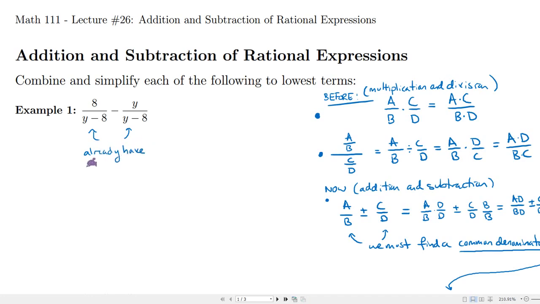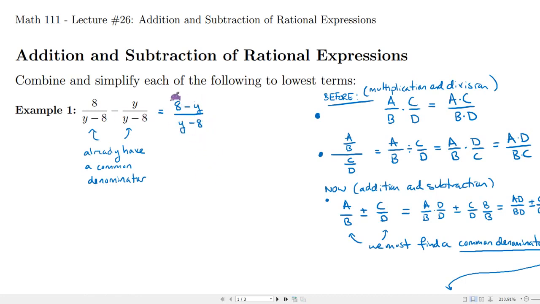So we don't need to adjust either of those fractions. We can just do the operation, which gives 8 minus y, and then we put that over the common denominator of y minus 8.